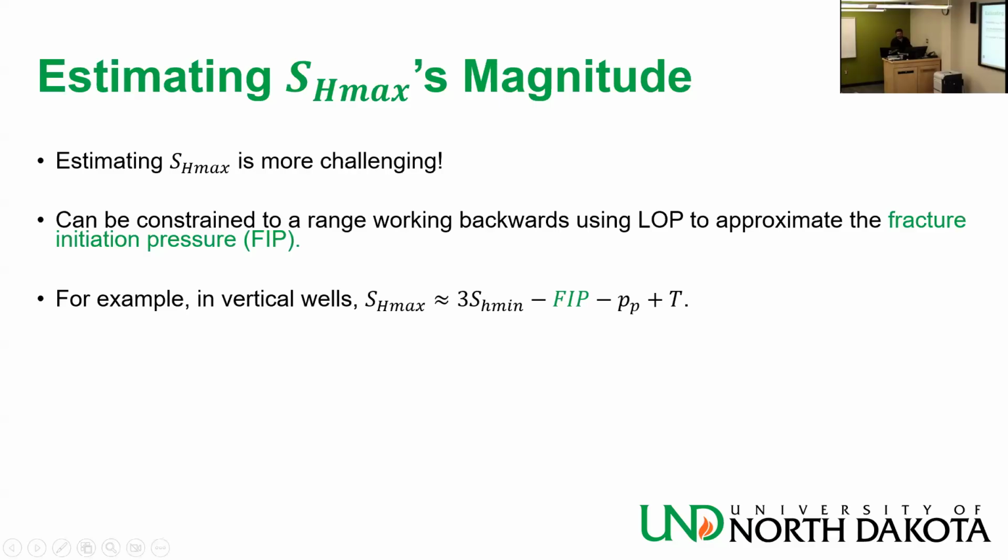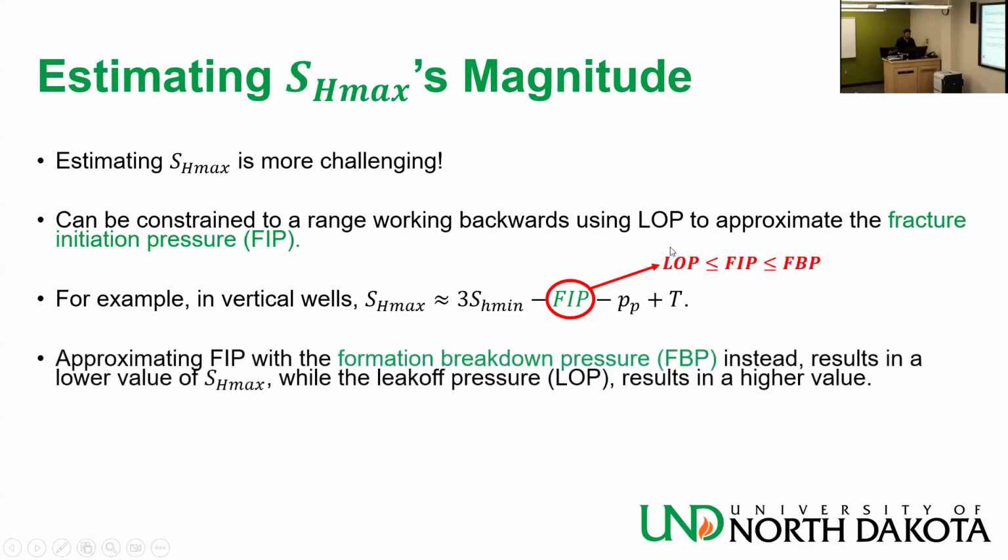The thing is, what I said earlier is that FIP, fracture can start at any point from leak of pressure to breakdown. It's a wide range. It's not a short range. So you can use leak of pressure to get an upper bound and breakdown pressure to get a lower bound. It could be a very wide range, but you can use this equation potentially, not always. For instance, not in reverse faulting, not for horizontal wells, and so on.